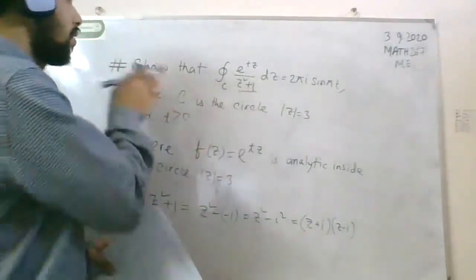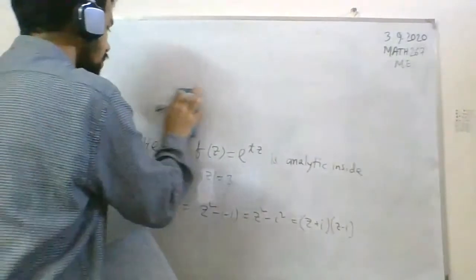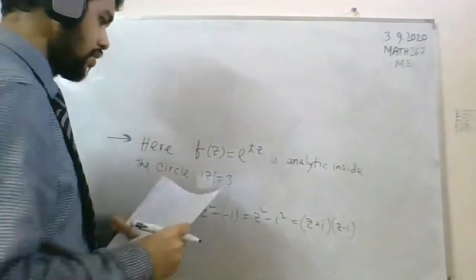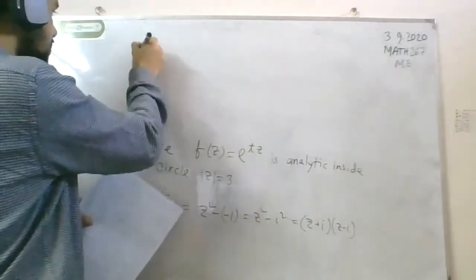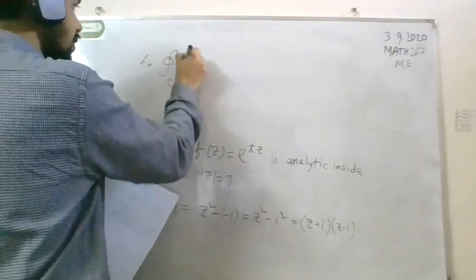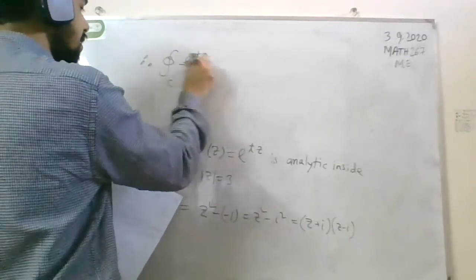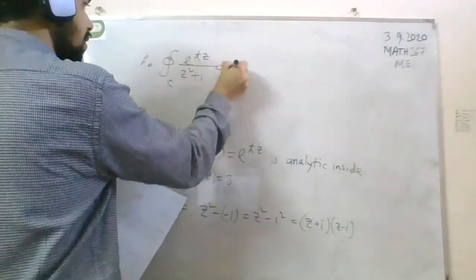Now, you have to apply Cauchy integral formula for solving this math. So at first, let's look at here e to the power tz divided by z square plus 1 dz.